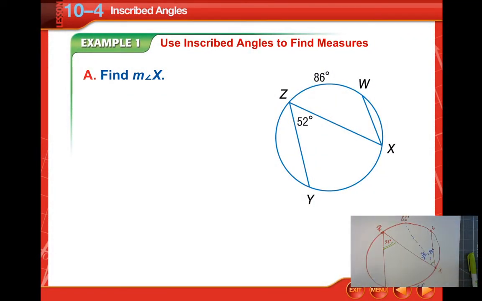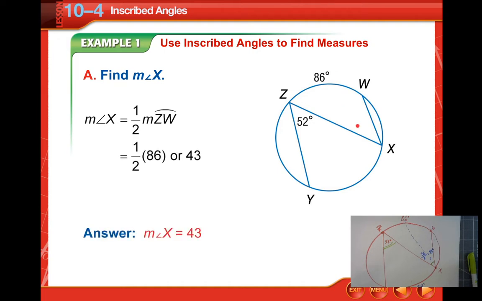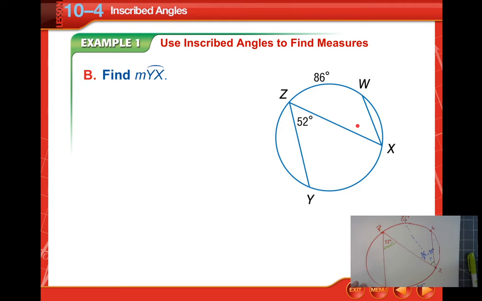So the measure of x is 1/2 of this, so 43, just like we talked about. Find xy, we did that just a second ago. We took 52 and doubled it to get to 104.